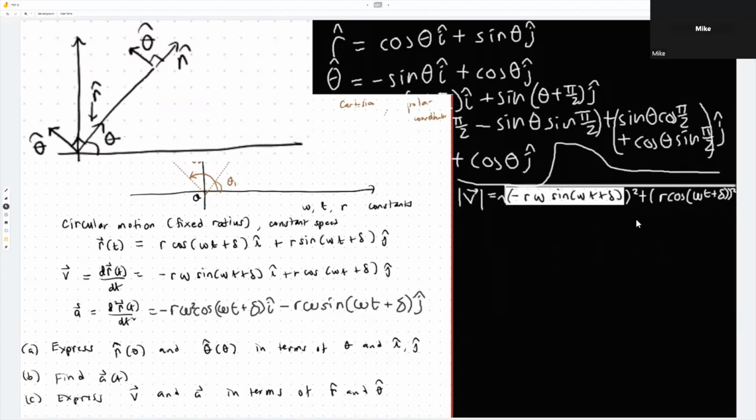Okay. And then simplify. So may common factor sa loob, no? Magkakaroon ka ng r squared omega squared.